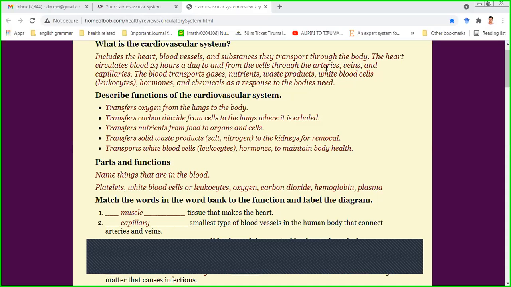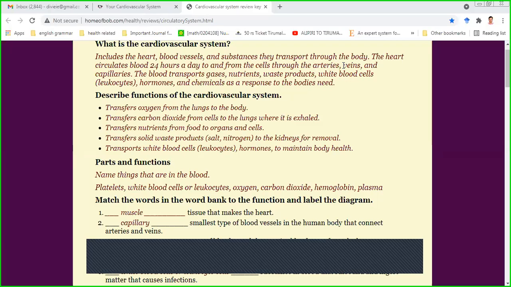The blood vessels which carry the oxygenated blood are called arteries. Arteries are blood vessels which carry the oxygen rich blood away from the heart and to the body.